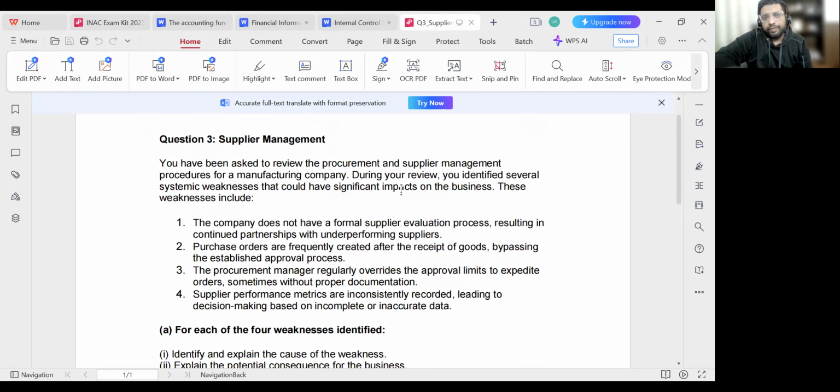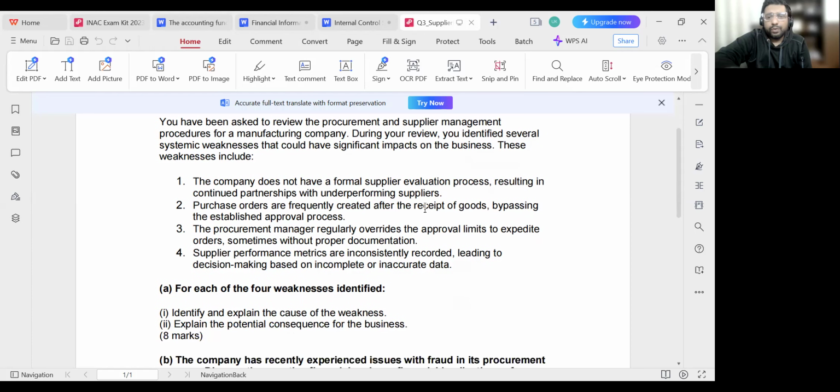So you have been asked to review the procurement and supplier management procedures for a manufacturing company. During your review, you identified several systematic weaknesses that could have significant impacts on the business.